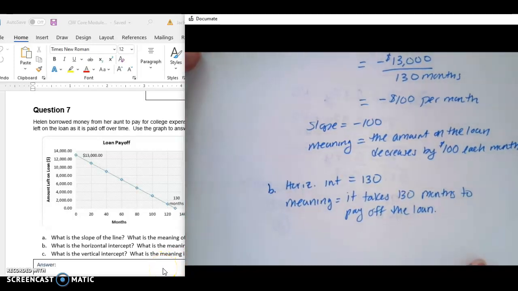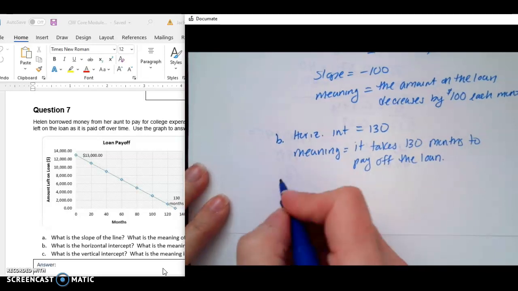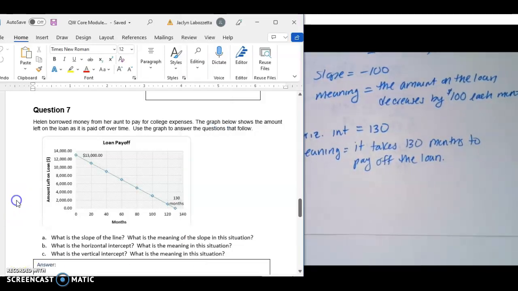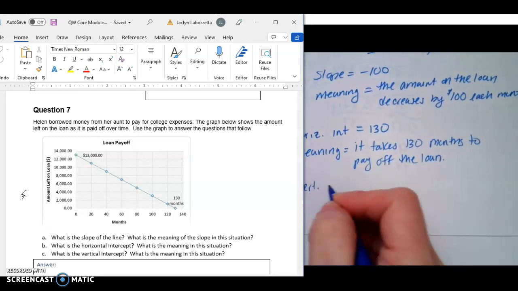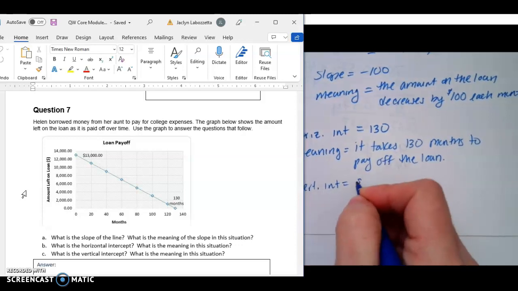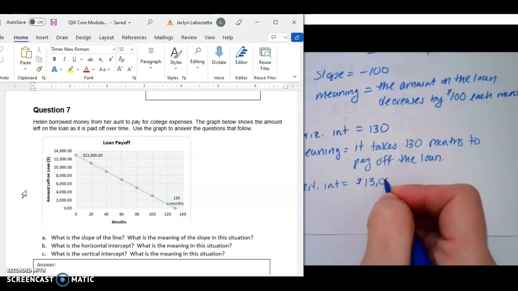All right, so now for part C, we're asked about the vertical intercept. We can find the vertical intercept from the graph, which is right here, where it hits the vertical axis. So that's at $13,000. Again, think about what that means in the context of this situation. So the vertical intercept itself is 13,000.